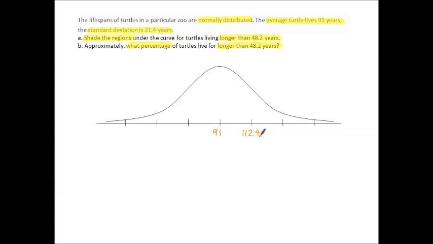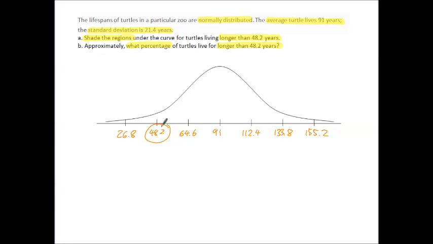Two standard deviations above would be 133.8, and three standard deviations above would be 155.2. To the left, one standard deviation below the mean is 64.6. Two standard deviations below the mean, 48.2. Three standard deviations below the mean, 26.8.